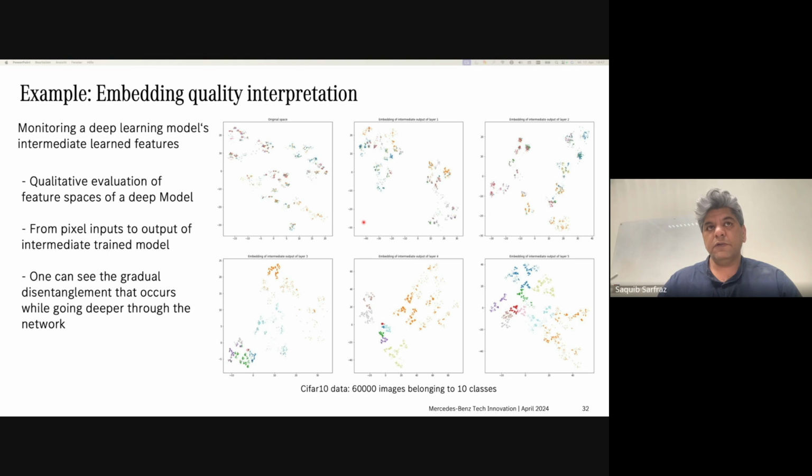You can see how your model is progressing, how your embeddings are getting better, and the disentanglement that is happening along the process. But this is, of course, common. You can see that with any other method, not necessarily h-NNE. But when you don't have labels, when you're doing unsupervised learning, h-NNE gives you a way to visualize different groupings as well.